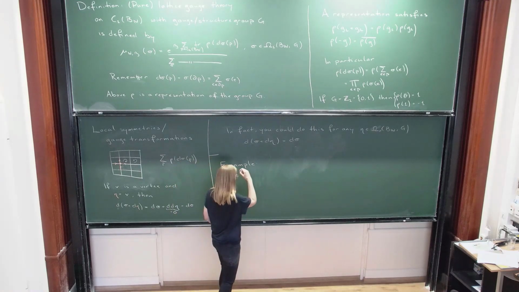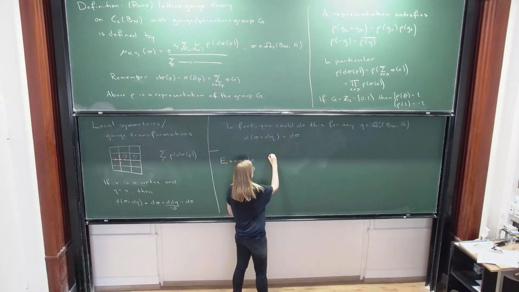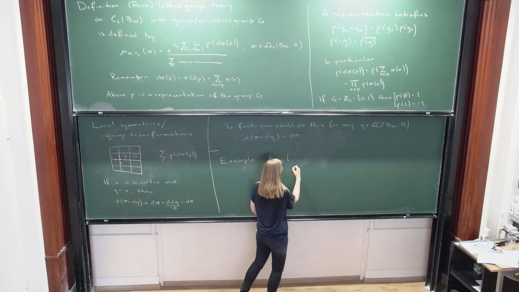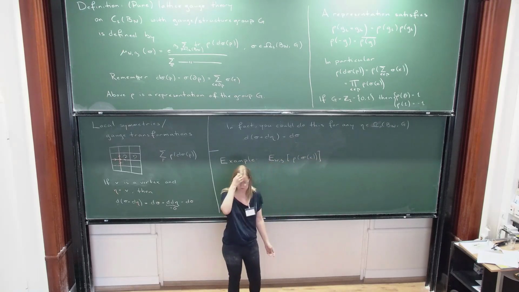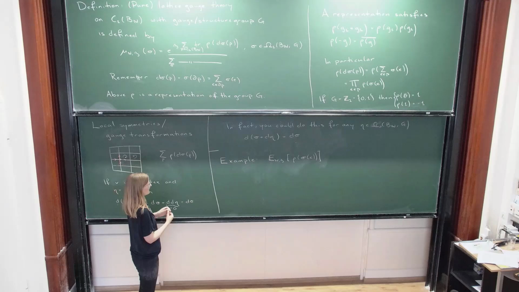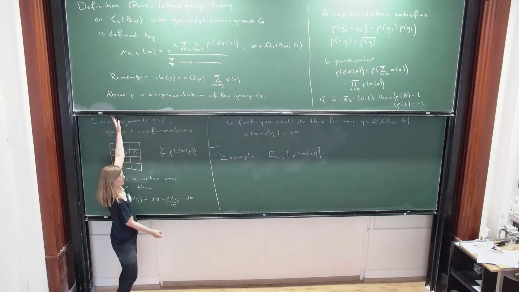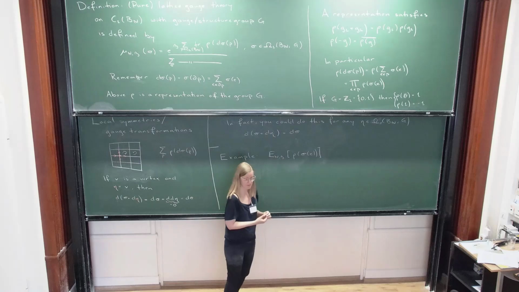So the most natural thing to think of as an observable would be, let's use E for expectation, the expected spin at some edge. That would be really natural. Unfortunately, this will turn out to be very boring.